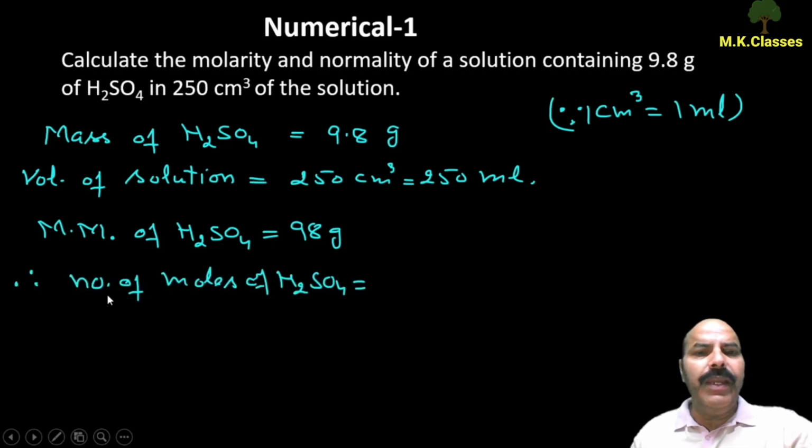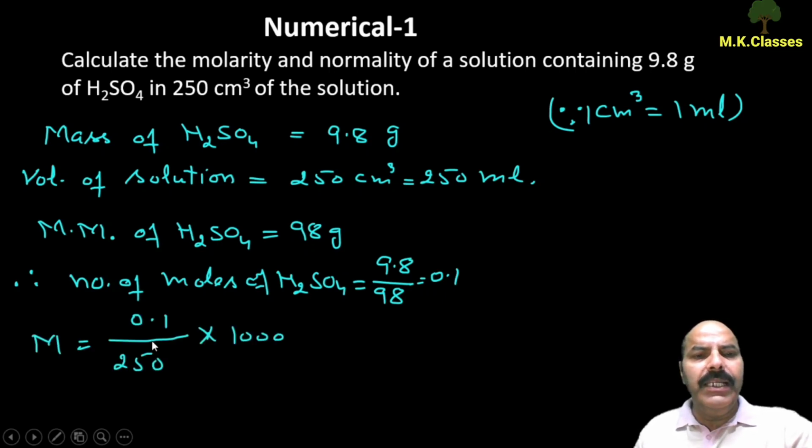Then the number of moles we can find out. That is 9.8 upon 98, the mass of the sulfuric acid divided by the molecular mass, because the molecular mass is equal to 1 mole. That is equal to 0.1 mole. Now molarity we can find out: that is 0.1 mole upon the volume of solution, 250 ml, into 1000.